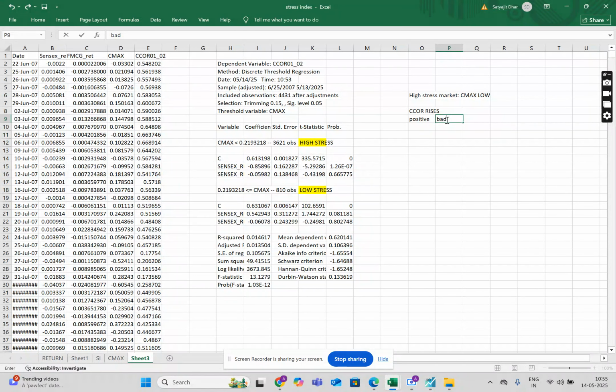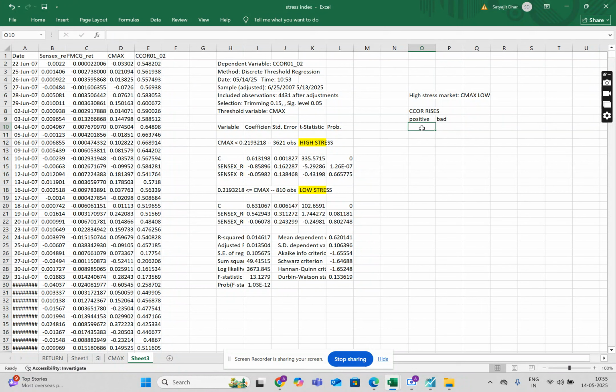The market is in a bad position, and my asset is copying the market. My asset is moving alongside the market. So then my asset will also go to a bad position. So then if CCOR is rising, then it is a bad indicator.